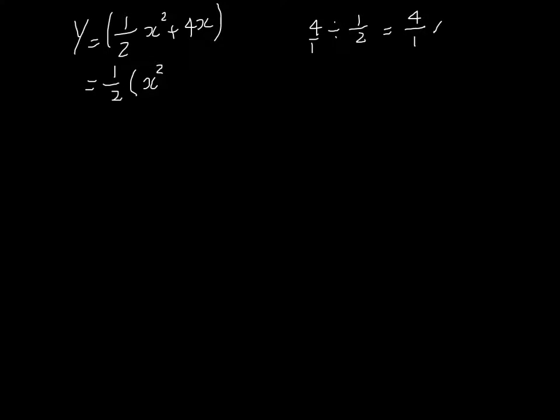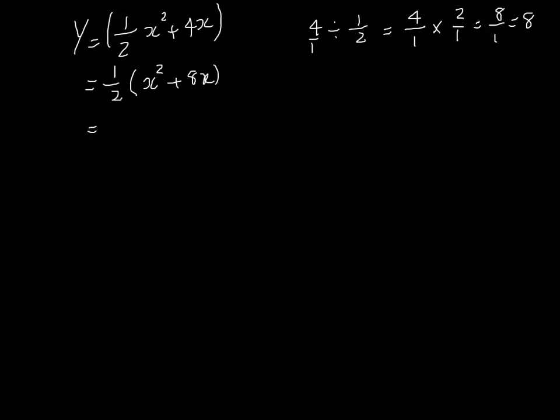So I'm going to multiply 4 over 1 and 2 over 1. When you multiply fractions, you multiply the numerators divided by the product of the denominators. So it's going to be 4 times 2 is 8, divided by 1 times 1 is 1, which is equal to 8. So this becomes x squared plus 8x.